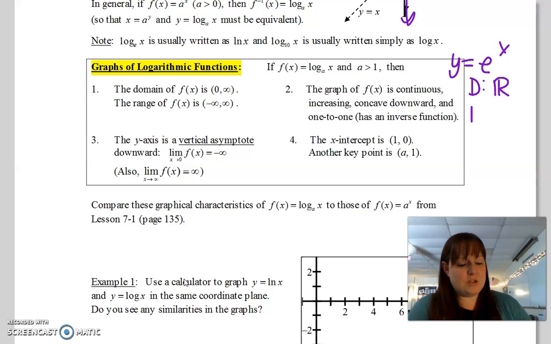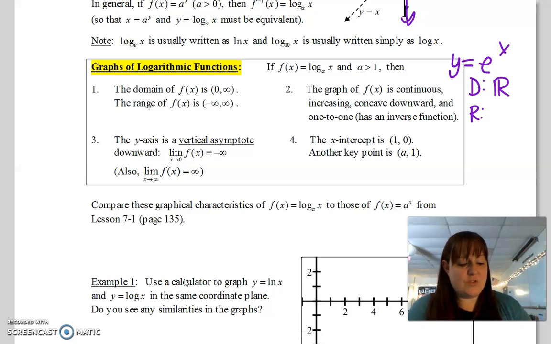And then the range, let's think about, when I put in 1 or 2 or 3, I get out a positive number, right? And when I put in -1 and -2, I still get out a positive number, right? Because e to the -1 is just 1 over e. E to the -2 is 1 over e squared. So I still get out positive numbers.